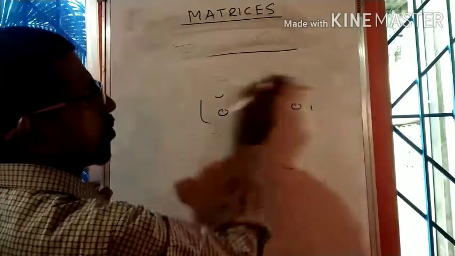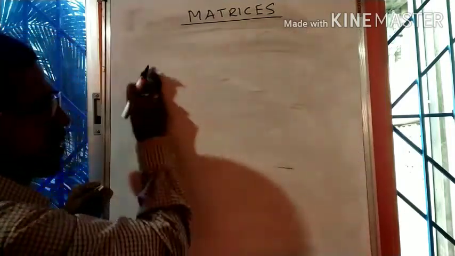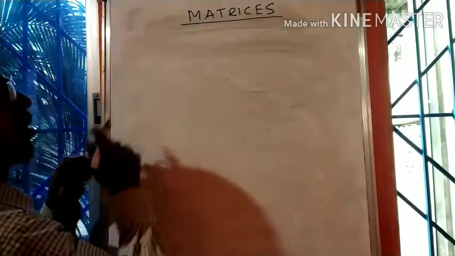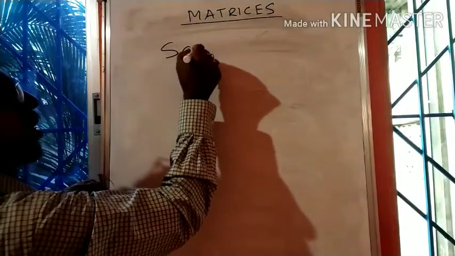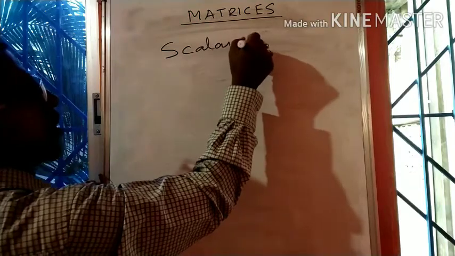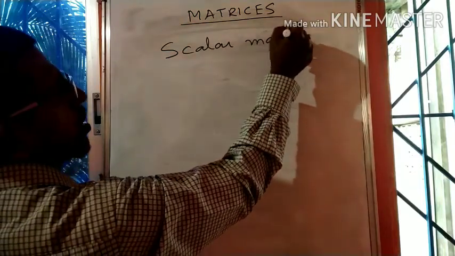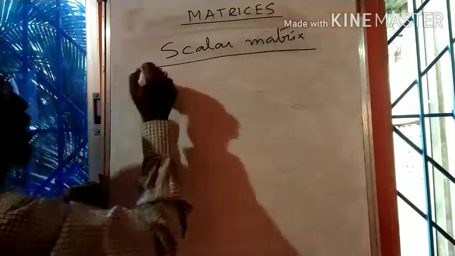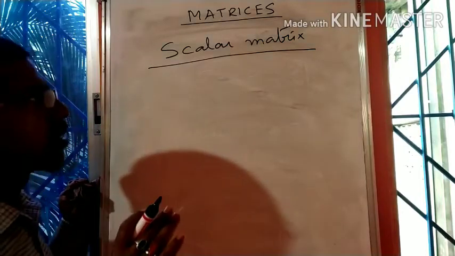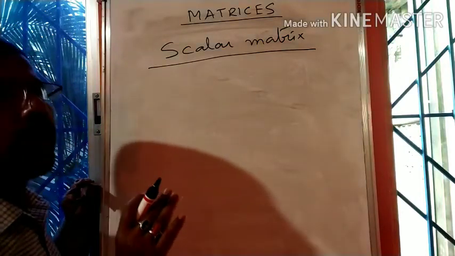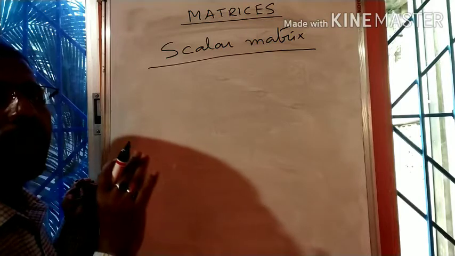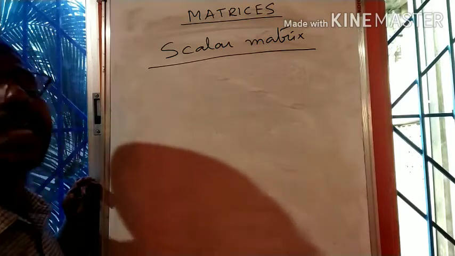Next will come scalar matrix, S-C-A-L-A-R. What is a scalar matrix? A square matrix whose non-diagonal elements are 0 and diagonal elements are all equal.